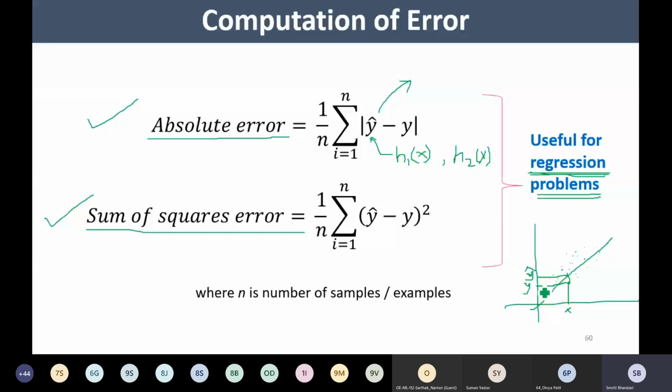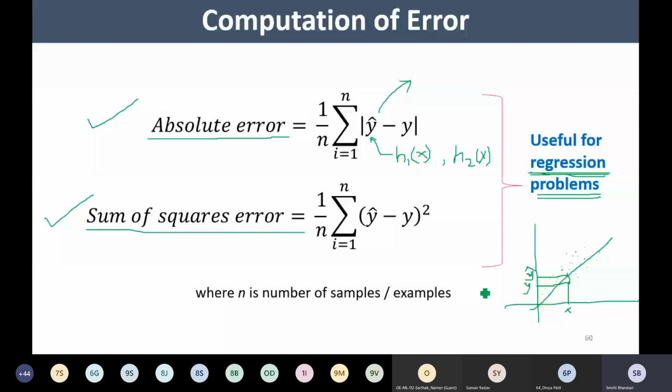I'll be finding the difference between y hat and y, and for every sample I will be finding this error. Based on this error, it is possible to come up with either the absolute error or the sum of squared error, and that will provide me a good way to evaluate my hypothesis.